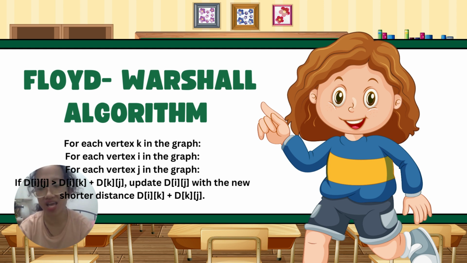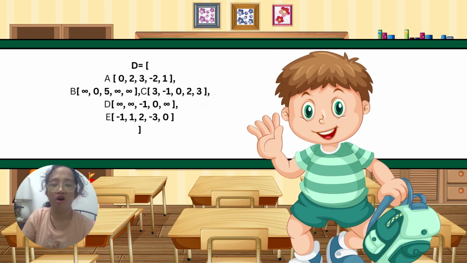So, after applying the algorithm, we have matrix D equals: vertex A: 0, 2, 3, -2, and 1. For vertex B: infinite, 0, 5, infinite.